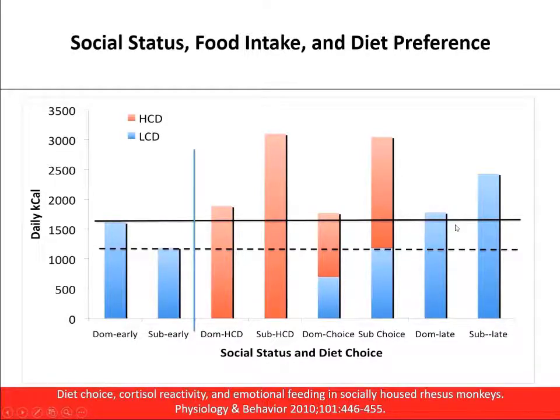And then when you take away the high sugar, high fat food, interestingly, the subordinated monkeys seem to have learned to overeat. And so we think this may have important implications for understanding stress-induced obesity, which is in fact another cause of reproductive compromise.